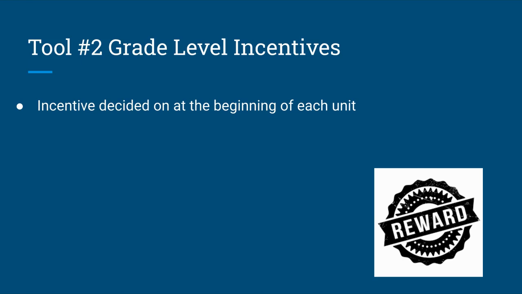We talk about an incentive that they would be interested in. A lot of times it's things like dodgeball or some extra recess or some free time, but we set that goal, we come up with that incentive, and we refer back to that.